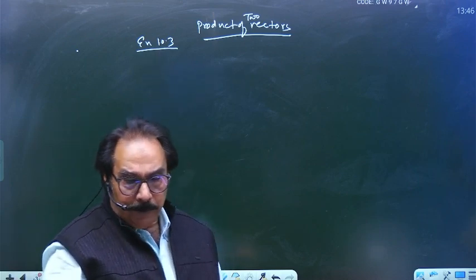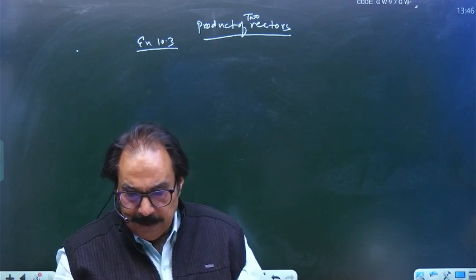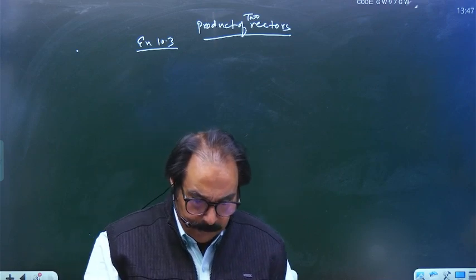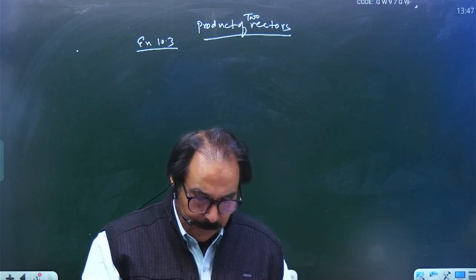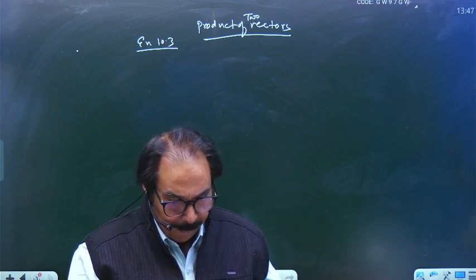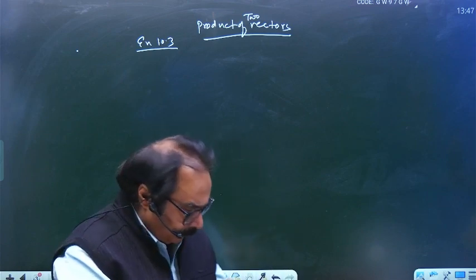Exercise 10.3 is: find the angle between the two vectors a and b, with magnitudes given. So we will apply the formula.